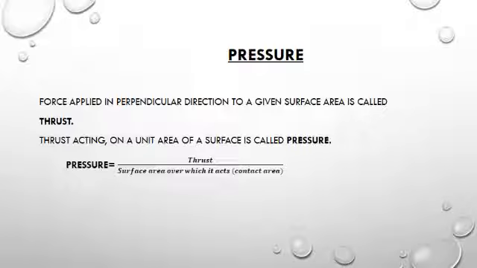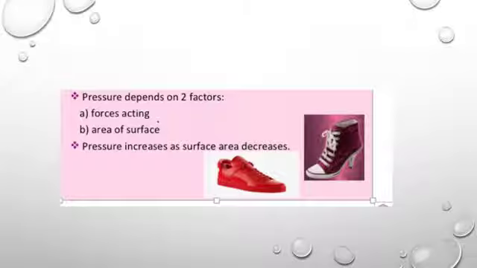So pressure is the thrust applied on surface area, and it depends on two factors, that is the magnitude of force acting and the area of the surface. Pressure increases as surface area decreases, and vice versa, pressure decreases as surface area increases.